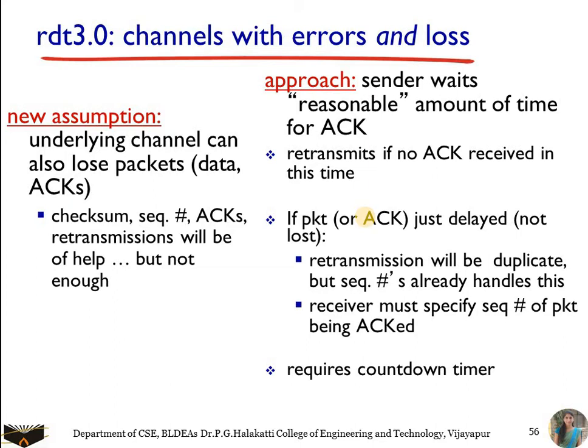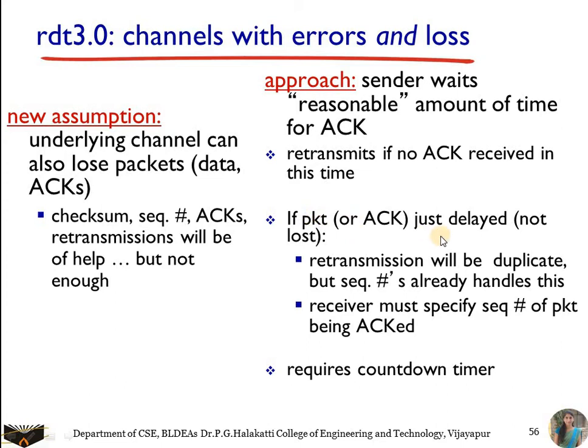In the new approach, we are going to use a timer. With the timer, the sender will wait for a certain amount of time to get the acknowledgement, and if it does not get the acknowledgement within that time, then it's going to retransmit the data. So before retransmitting the data, it will wait for a certain amount of time. So here the sender waits for a reasonable amount of time for the acknowledgement and retransmits if no acknowledgement is received in this time.